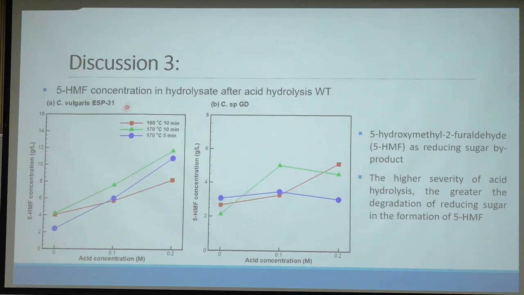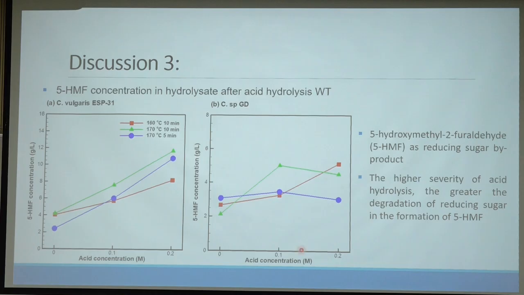We found that Chlorella ESP has a higher amount of 5HMF compared to the Chlorella GD species, which is a protein-rich microalgae. This and reducing sugar are produced as byproducts. The higher the acid concentration, the greater the degradation of the sugar into the formation of 5HMF.